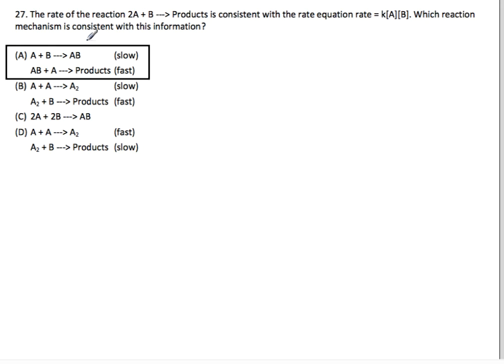27. The rate of reaction 2A plus B to products is consistent with the equation right there. Which reaction mechanism is consistent with this information? So it's first order with respect to A, first order with respect to B. So what we have to do is take each of these and find the slowest step and write the rate law. So the first one tells me this is my slowest step.